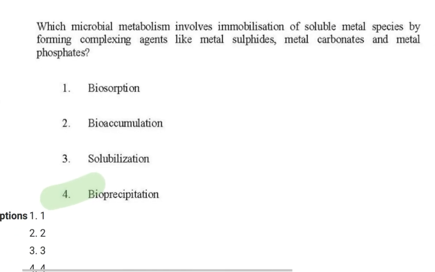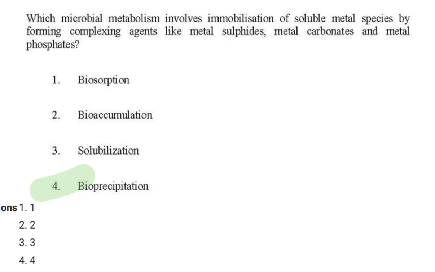Which microbial metabolism involves immobilization of soluble metal species by forming complexing agents like metal sulfide, metal carbonate, and metal phosphates? This is called bioprecipitation.